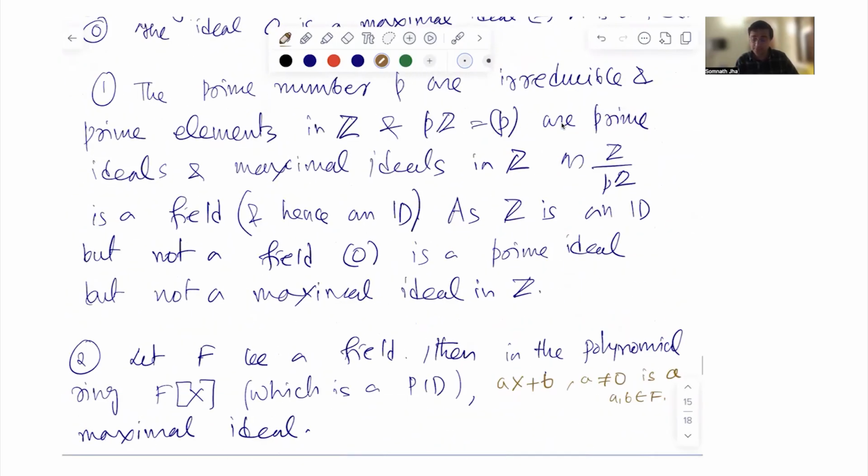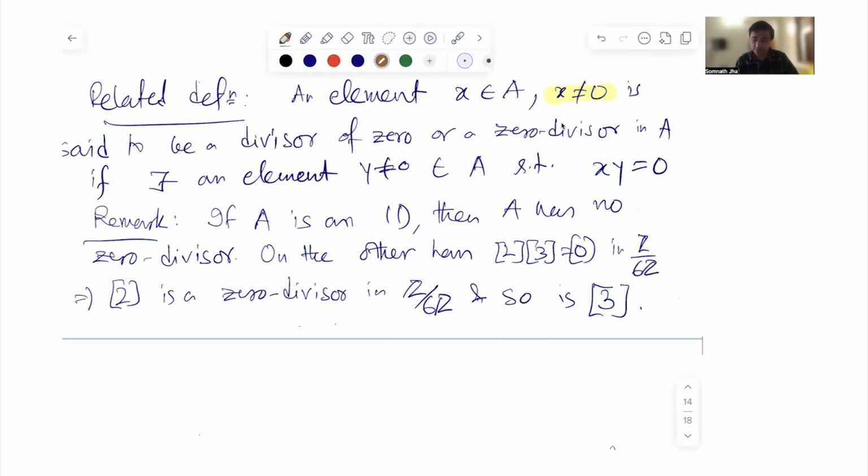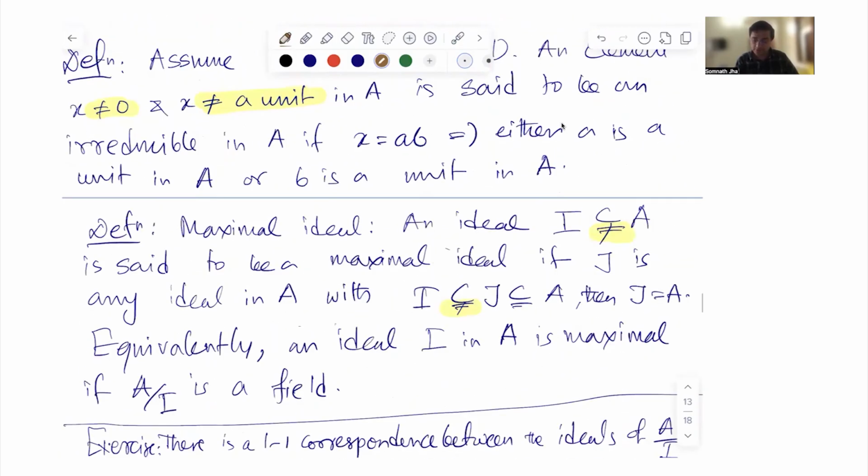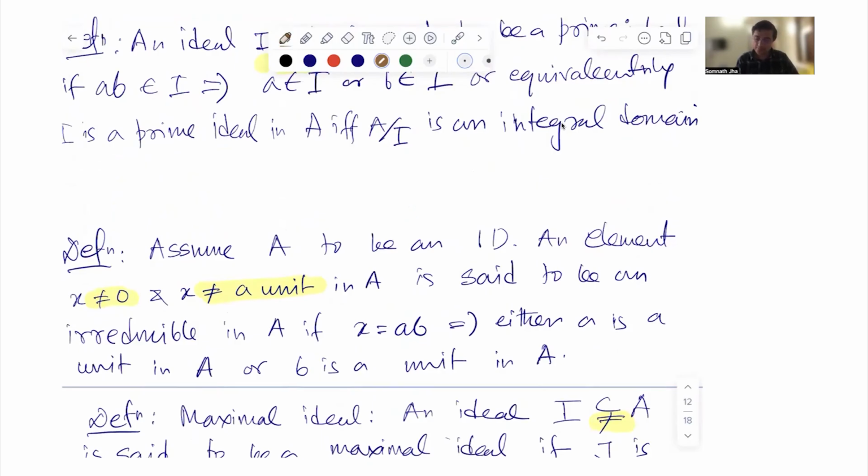So by the way, one thing to notice here: the irreducible element I have only defined for an integral domain, whereas prime ideal and maximal ideal I have defined for any ring. So I just want to emphasize, irreducible element is only defined for an integral domain. Okay? I have not defined irreducible element otherwise.